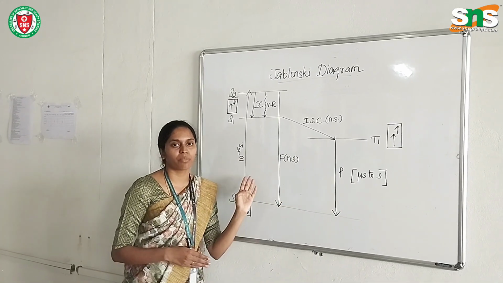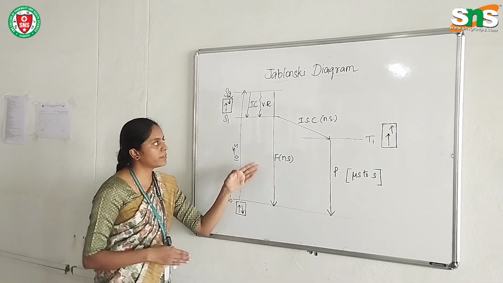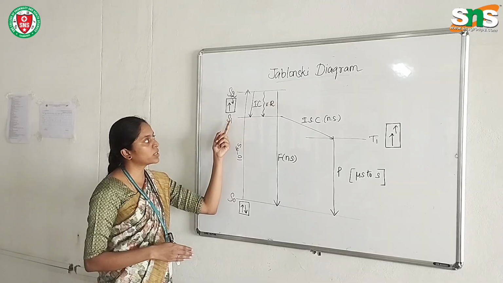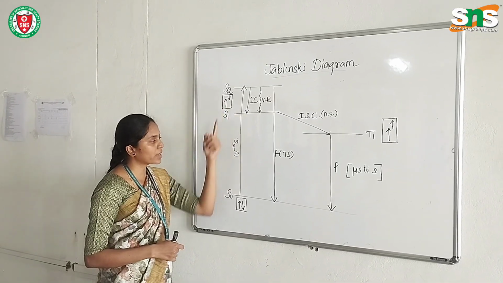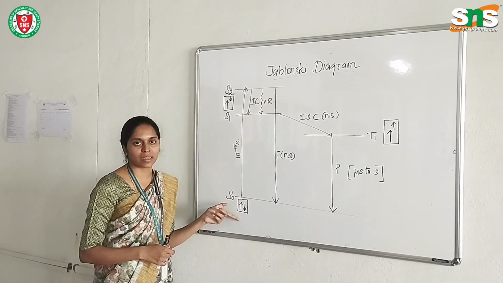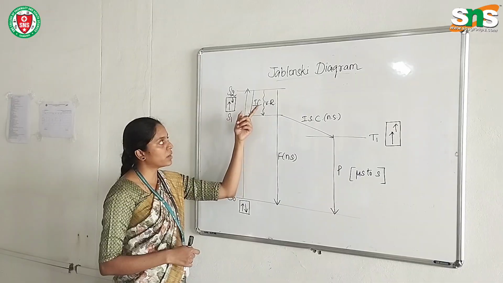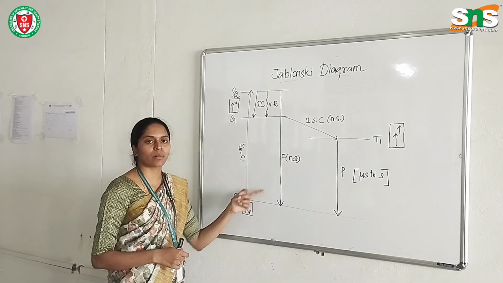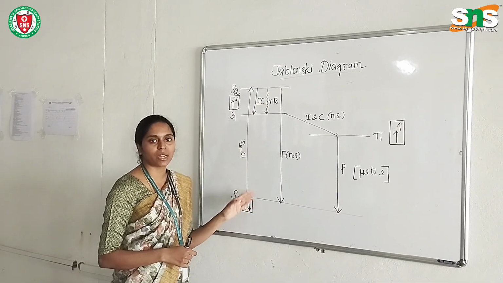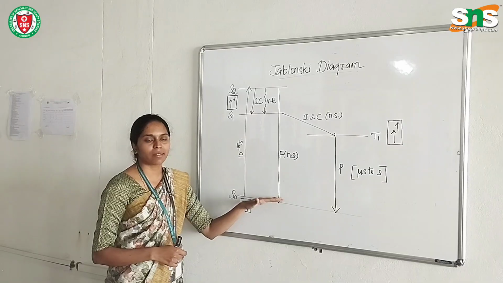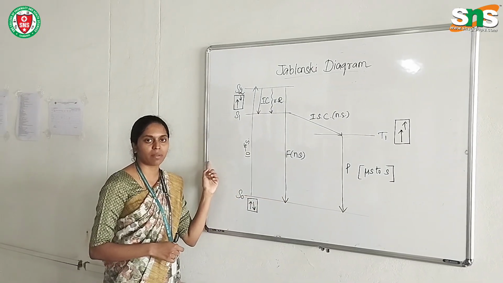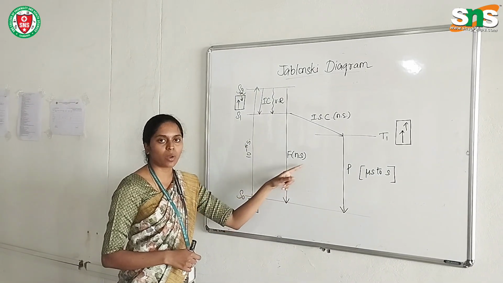After this, the electrons go to the ground state in two types of radiation transition. The first type is the movement of electrons from the singlet excited state to the singlet ground state. While moving from this state to this state, the electrons emit light radiation at a longer wavelength. The light radiation is absorbed at a shorter wavelength and emitted at a longer wavelength.